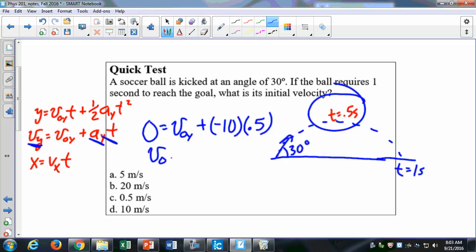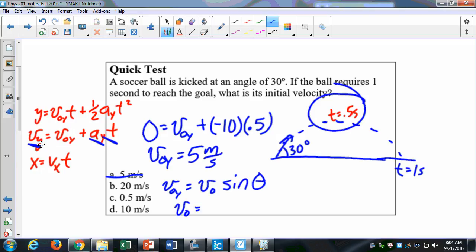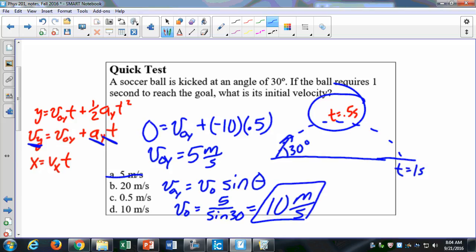So V0y is equal to 5 meters per second, which many of you would put. You'd put A, but A is not right, because V0y is equal to V0 times sine of theta. So V0 is 5 divided by sine of 30. Sine of 30 is a half, so this is equal to 10 meters per second. And so that's the right answer. Okay?